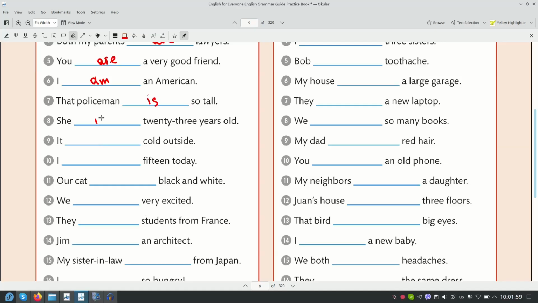She is 23 years old. It is cold outside. I am 15 today. Our cat is black and white. We are very excited.